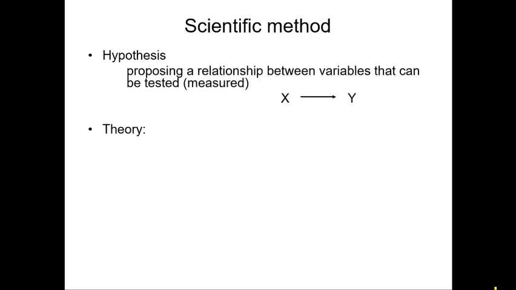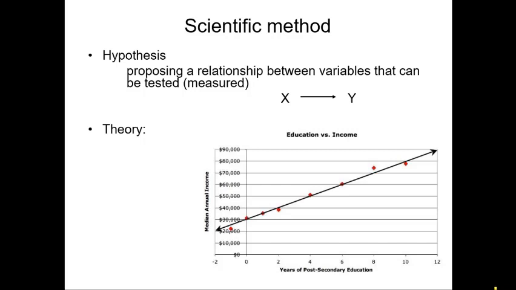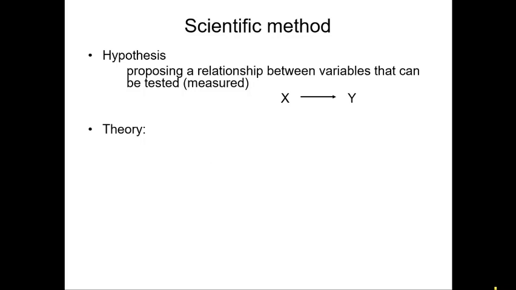So if I have some variable x, which is my independent variable, and then I have some dependent variable y, so I would come up with some sort of test or data that I could collect and then figure out some way to test this relationship or to measure this relationship so that I can see that, yes, something about X is significantly related to Y. It may not necessarily be causing Y, but it could certainly be contributing to Y.